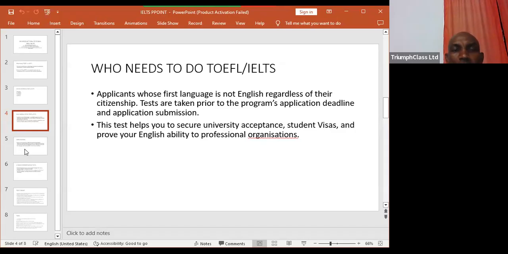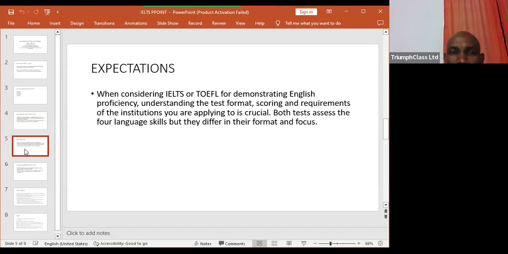And what are the expectations? When considering IELTS or TOEFL for demonstrating English proficiency, understanding the test format, scoring, and requirements of the institutions you are applying to is very crucial.